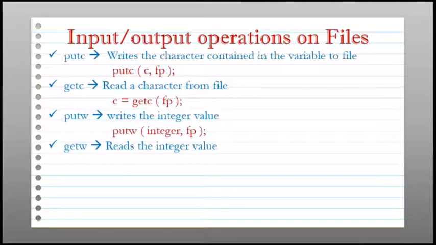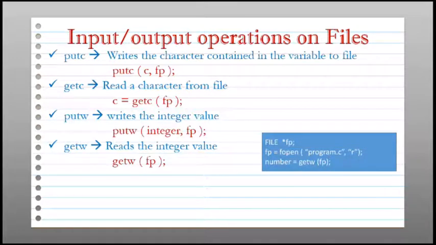Next, getw. Again it is similar to getc. In getc we read a single character, but here we are reading an integer value. This is the syntax: getw, and in brackets we mention the file pointer.